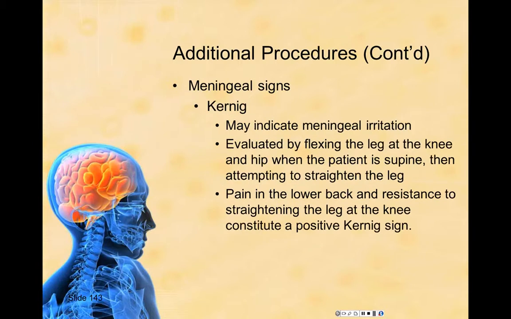Kernig may indicate meningeal irritation. This is evaluated by flexing the leg at the knee and hip when the patient is lying down, and then attempting to straighten the leg. Pain in the lower back and resistance to straightening the leg at the knee is a positive Kernig sign.